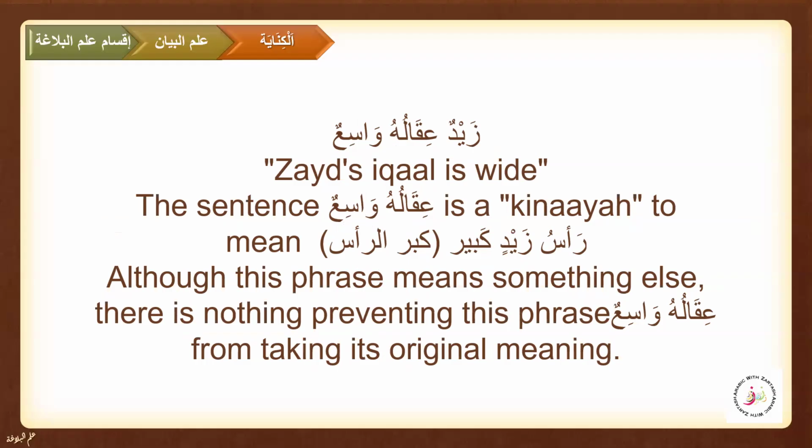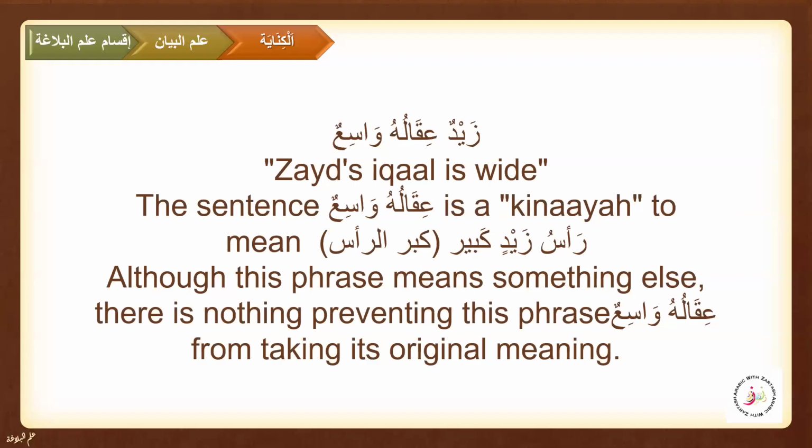That's Zaidun ikaluhu wasiun. Zaid's ikal is white. So the sentence ikaluhu wasiun is a kinaya to mean Rasu Zaidun Kabir. Although this phrase means something else, there is nothing preventing this phrase ikaluhu wasiun from taking its original meaning.